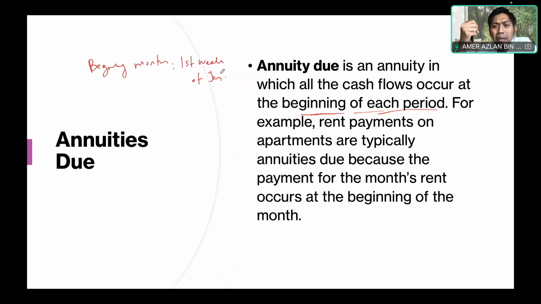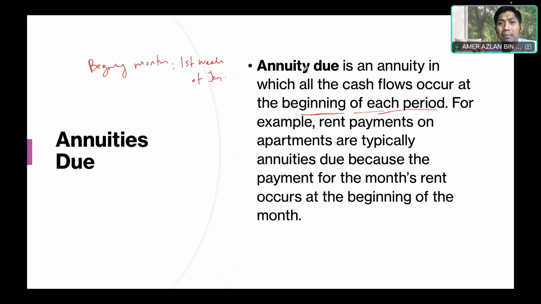Or maybe beginning of the year, maybe for that particular year, the payment occurs on January or February instead of December or November. Okay, so that is what annuity due is. The equal series of payment occurs at the beginning of the period, either in month or year.